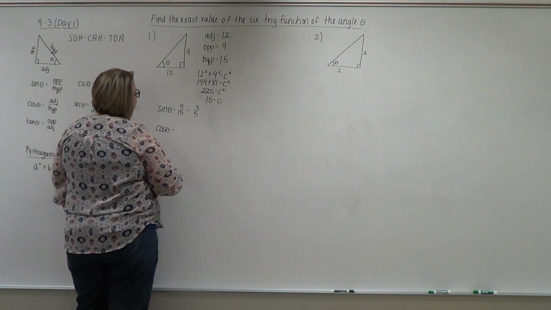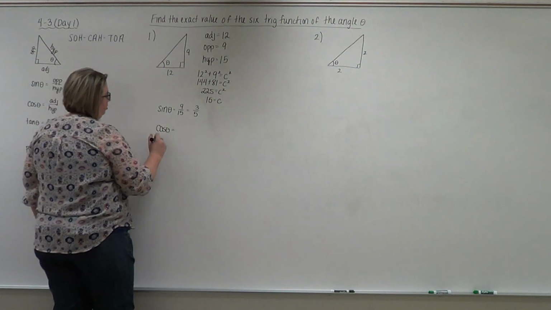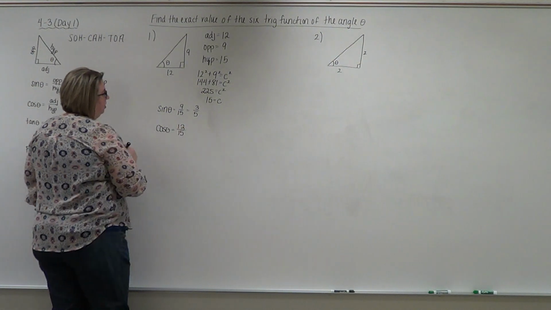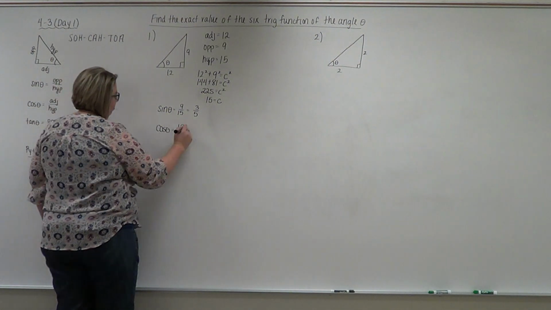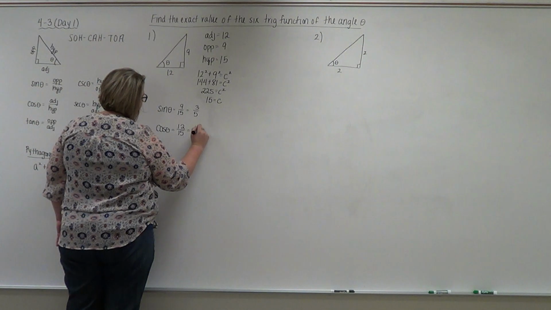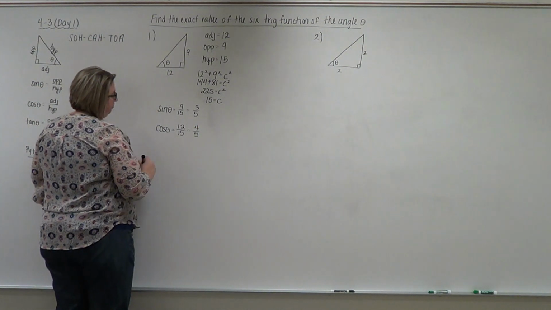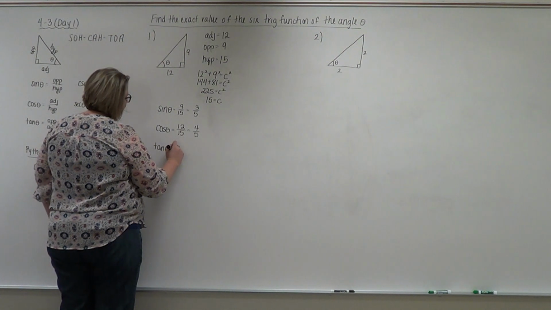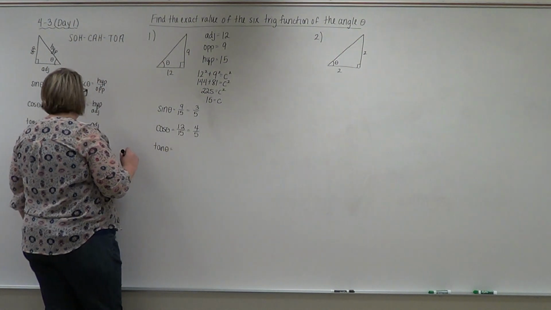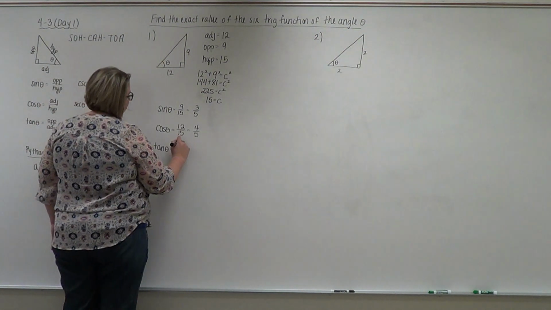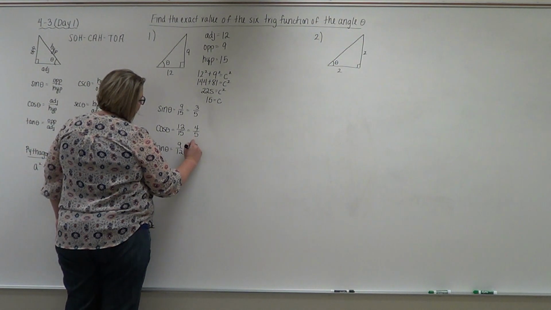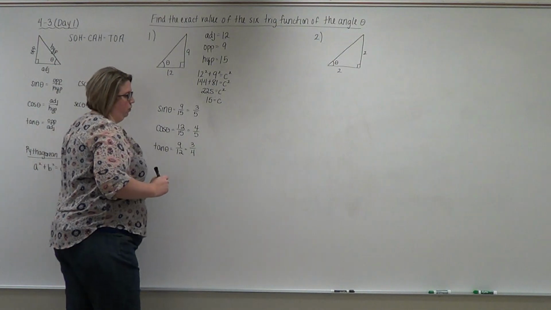Cosine is adjacent over hypotenuse, so that would be 12 over 15. Those are both divisible by 3, so that reduces to 4/5. Tangent is opposite over adjacent, so that would be 9 over 12. Those are both divisible by 3, so that would be 3/4.